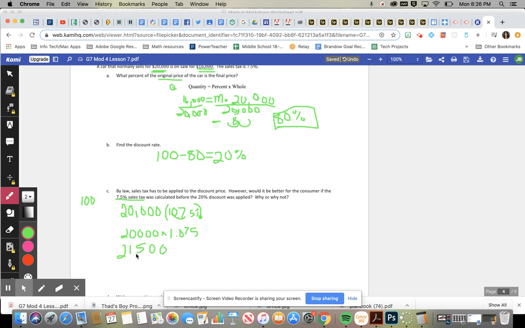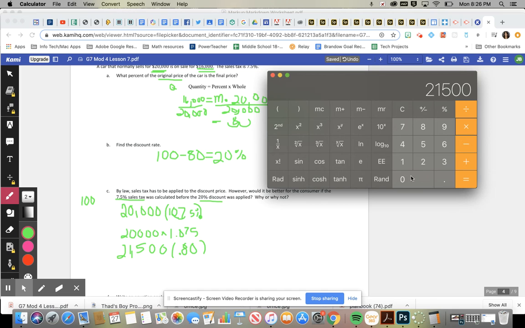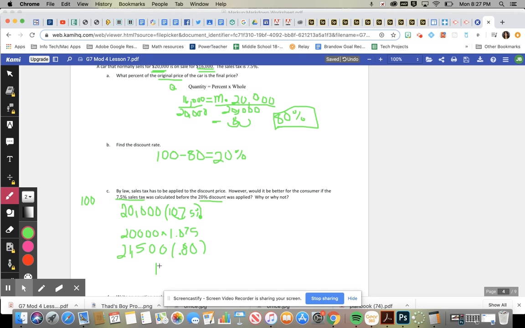Okay, so that's with the sales tax, and now we need to apply the discount. So now we have to times that by our discount. Discount would be subtracting, so 100% minus 20% is 80%, which we can write as 0.8. So times 0.8 is 17, oh, I missed it.